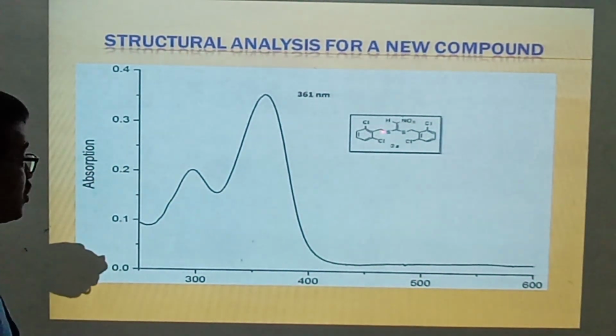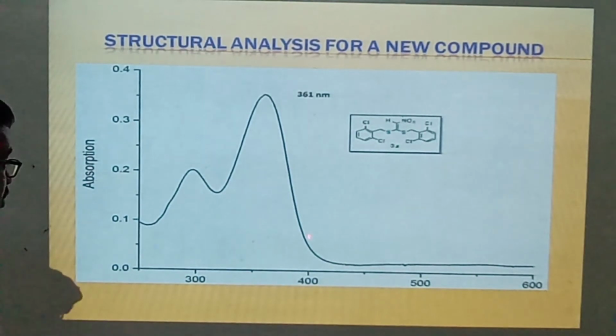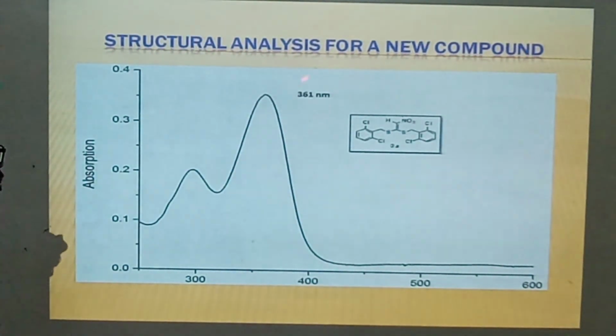That extensive conjugation was observed in the form of the peak at 361 nanometer, and the other one is for the presence of this aromatic ring system. Like this, the new compound was interpreted with UV spectral data.